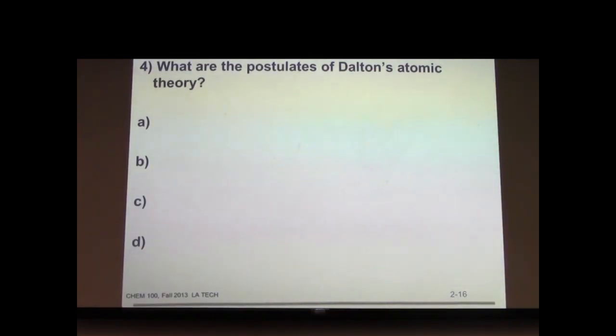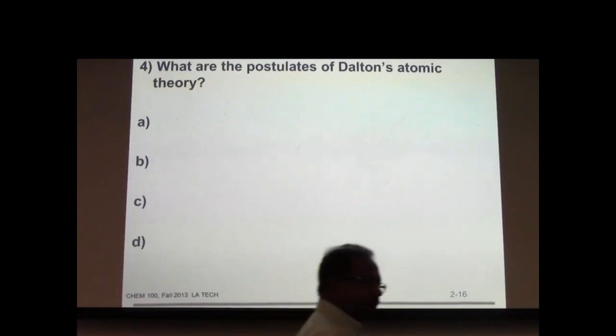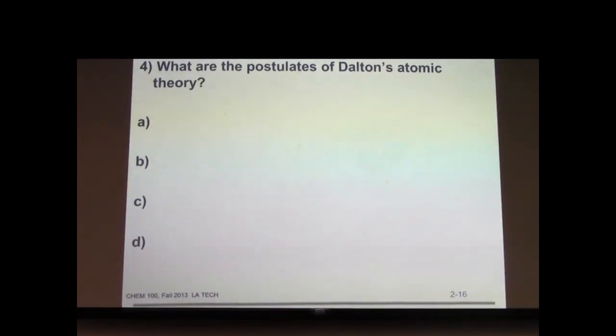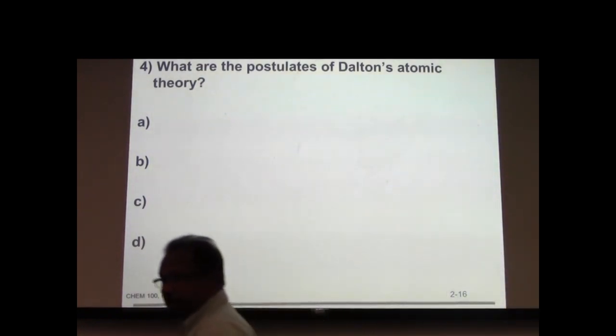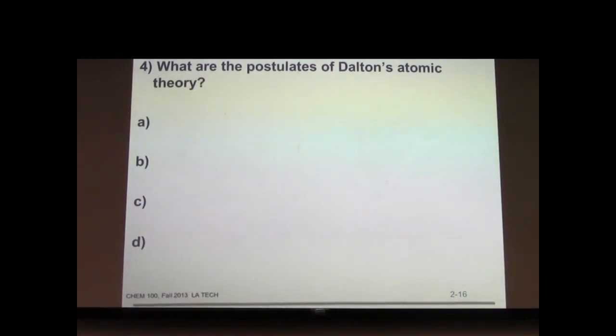Okay, we go over each one. The first one is that matter is composed of smallest particles called atoms. The second, you can say in your own words, is that atoms of an element are identical.